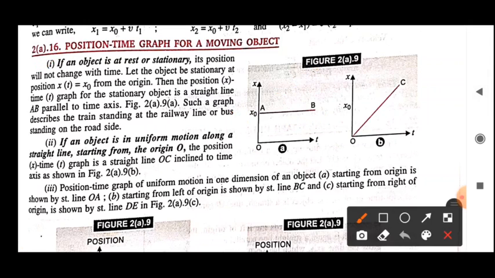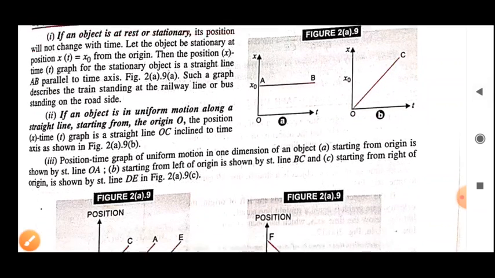Second, if the object is in uniform motion along a straight line, its position changes continuously with time. As time changes, the position changes too, and due to that we obtain a linear graph here.